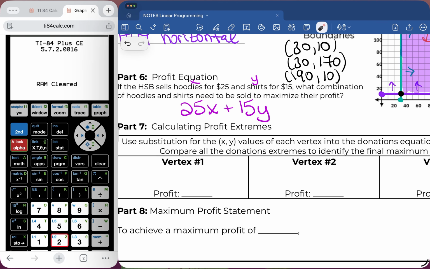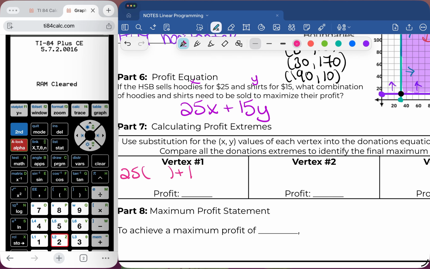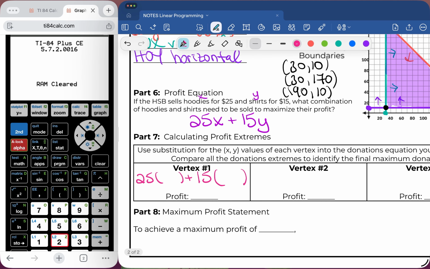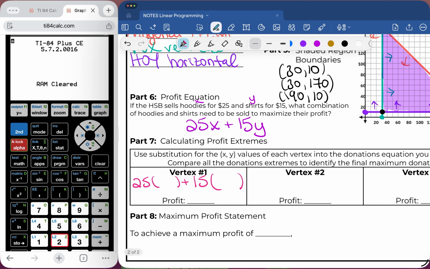So the setup for all of these is using that 25x + 15y, but we're going to set up for substitution. So we're going to remove the x, and we're going to remove the y, and we're going to plug them in. So our first vertex, at least the one on our list, was (30, 10).